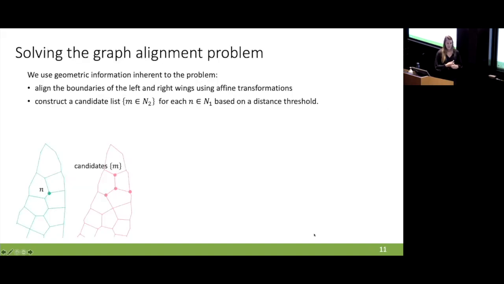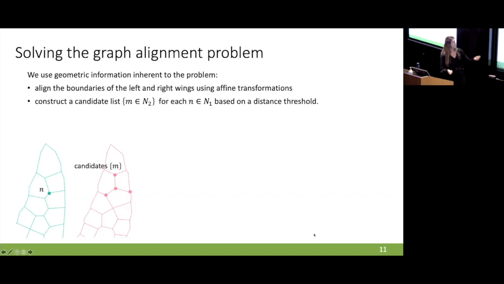So the thing that we can do here that the protein-protein interaction people can't do is that we have geometric information. So if we align one wing just on top of each other, matching the boundaries, then you'll get pretty close alignment in some places.